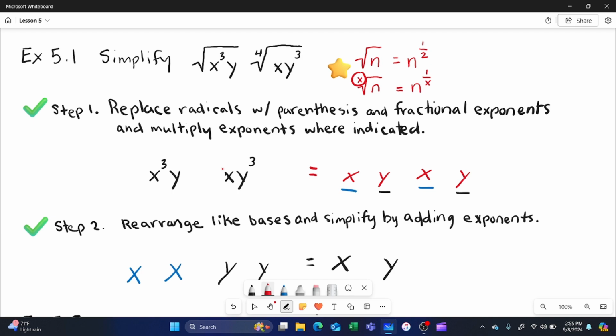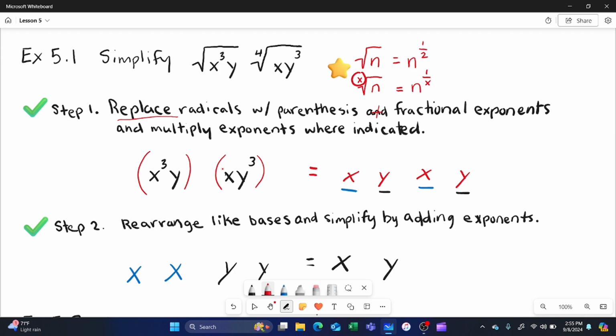Step 1 in this process is to replace the radicals with parentheses and fractional exponents, and then multiply the exponents where indicated. In this case, I've removed the radicals here and replaced them with parentheses and fractional exponents. This was the square root.